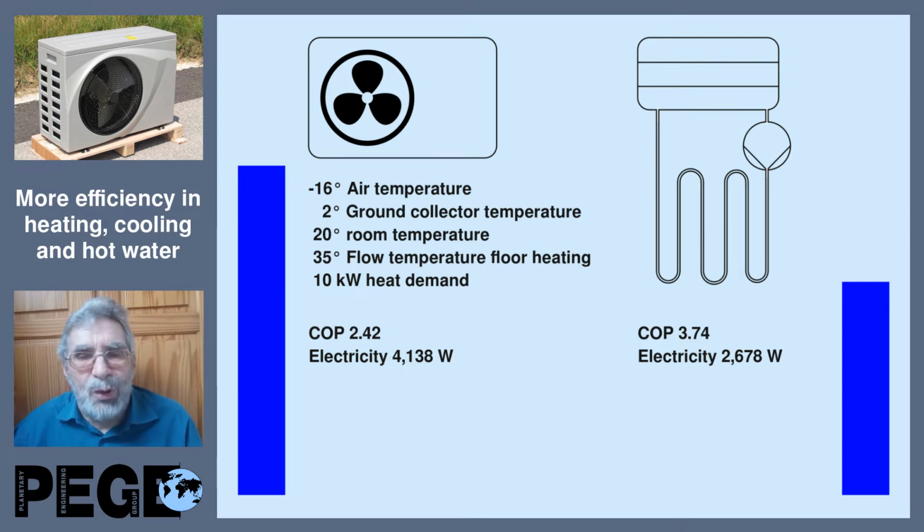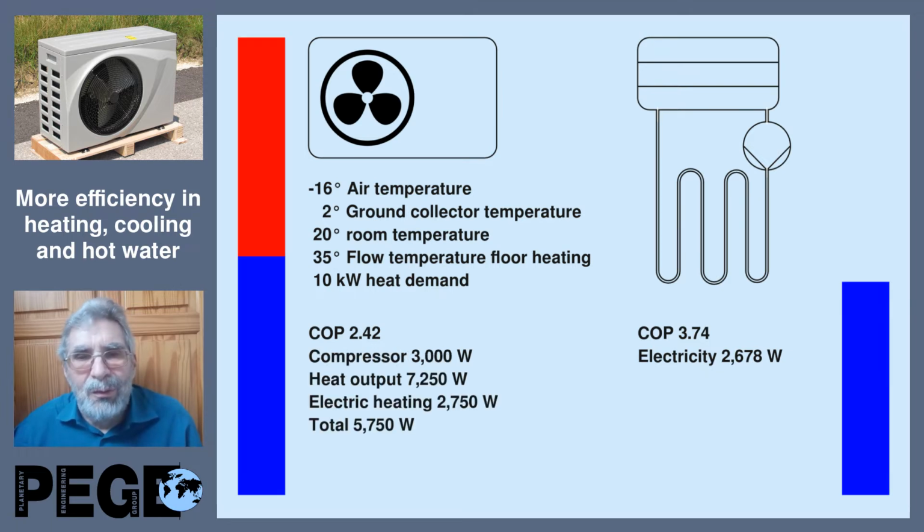But the COP of the air heat pump drops dramatically to 2.42 and would now use 4138 watts. But this is only half the truth, because most of the time the heat pump is not dimensioned big enough.